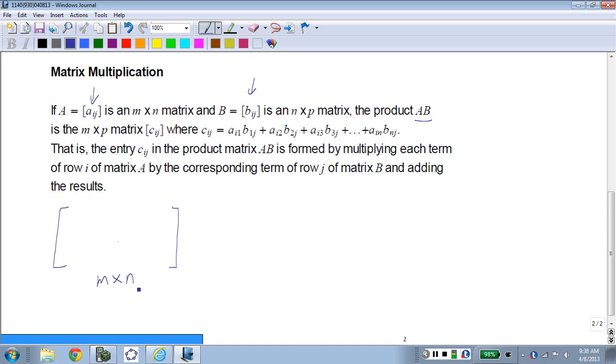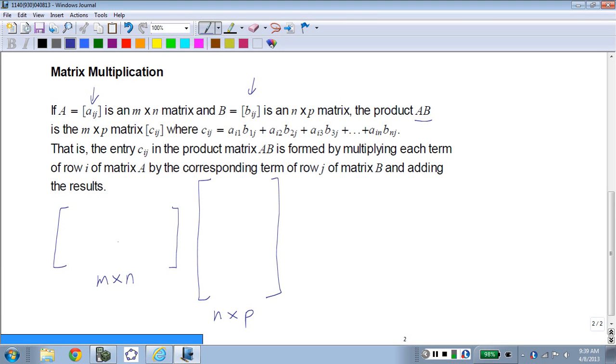So if this matrix that we're putting on the left to do the multiplication has N columns, the matrix we're going to multiply it by must have N rows, N by P. So they don't necessarily have to have the same order. M by N multiplied by N by P.